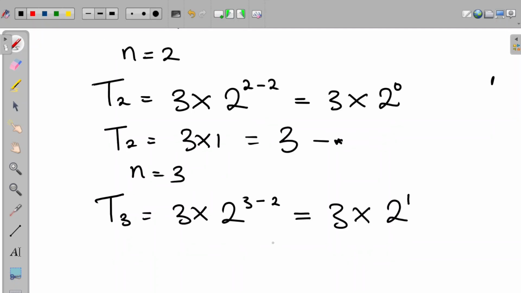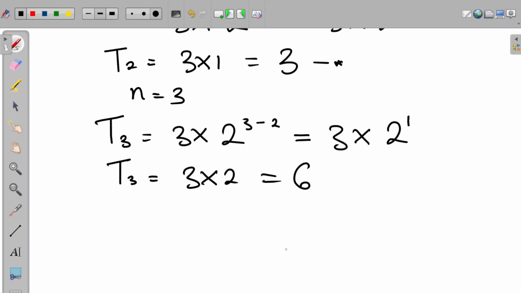And we have that the third term is equal to 3 times 2, which is equal to 6. So therefore, the first three terms of the sequence are 3 divided by 2, 3, 6.